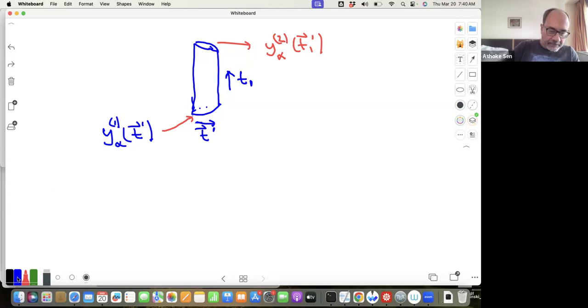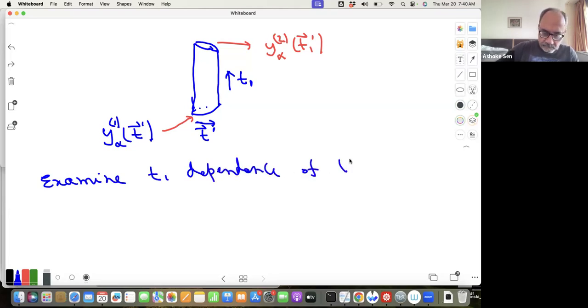So now let's examine the T1 dependence of the integral. I should have said that I can take the product over B_i dt_i.